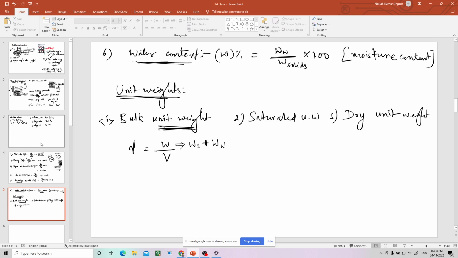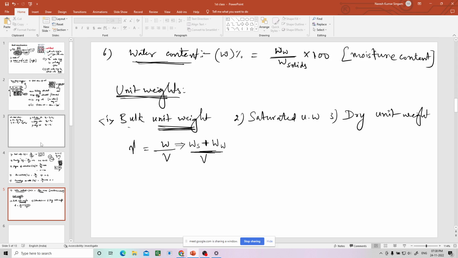Is there any weight from the air? No, so that's why I don't give that here. Even though there is air, we don't take it. It might have some weight, we have studied in our school life, but we'll neglect that. We'll assume air doesn't have any weight. So the total weight divided by total volume.